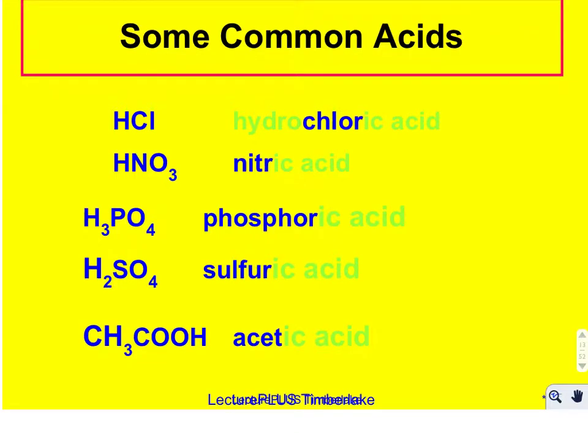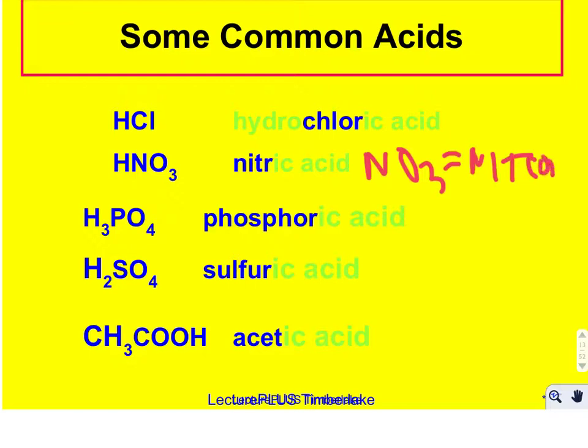Names of some common acids: HCl would be called hydro because of the hydrogen. Instead of chloride, it'll be chloric acid. The second one, HNO3, is not nitrate, it's nitric acid. If you look at NO3, NO3 is nitrate.